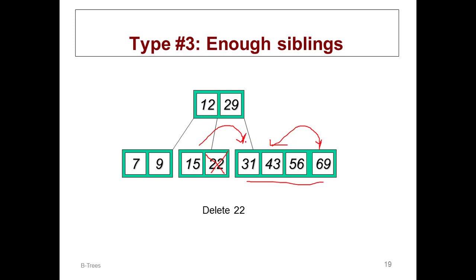So what we do is promote one value here and demote from the upper side to this one. 29 is moved to this location, and 31 is promoted to the upper location. So this will be demoted, finished from this one. 31 is here, and the right of 31 will be like this, and that completes the deletion.